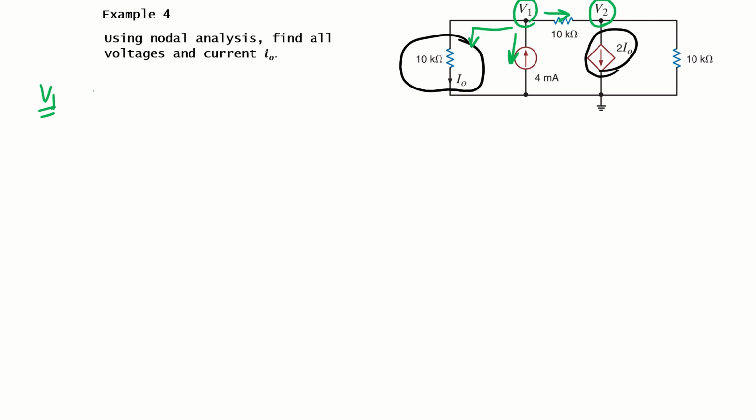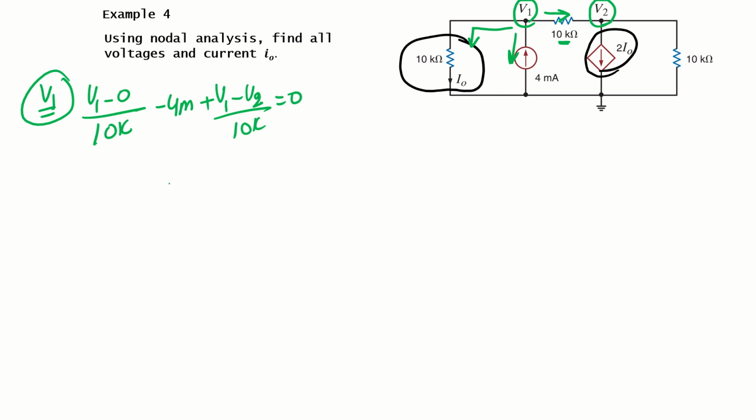The current through 10 kilo will be V1 minus 0 divided by 10k, which is basically our I naught. Then this current is leaving, 4 milliamperes, so I will put minus 4 milli. Then the current through this other 10 kilo will be V1 minus V2 divided by 10k, equal to 0. So this is the equation for the first node.